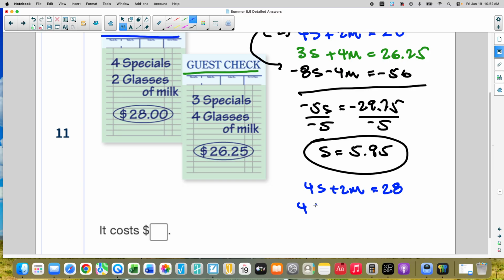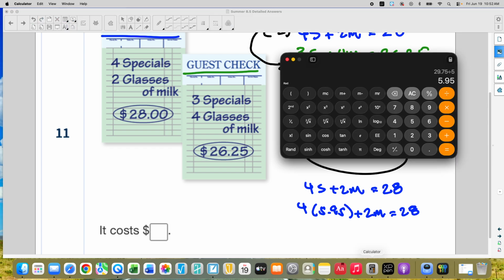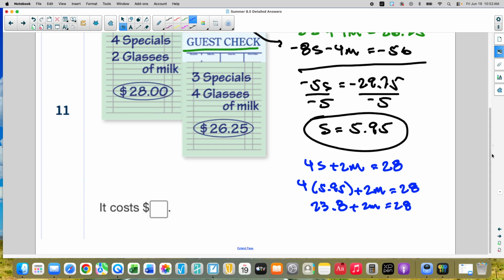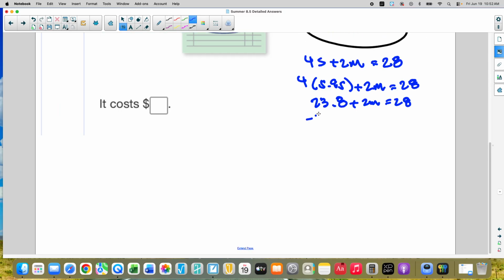So 4 times 5.95 plus 2m equals 28. 5.95 times 4 gives us 23.80. So 23.80 plus 2m equals 28. That's minus 23.8 on both sides.